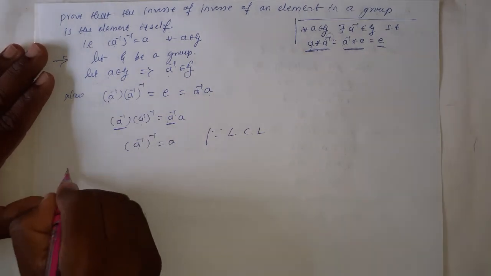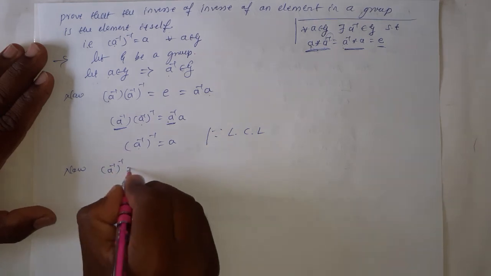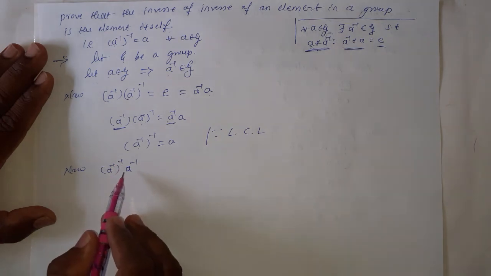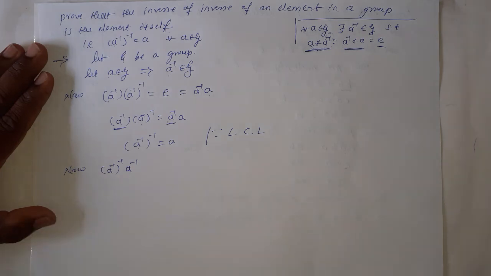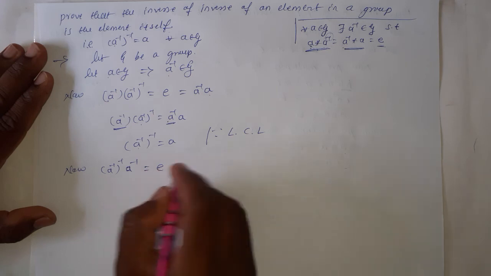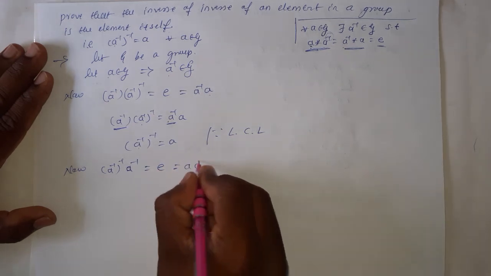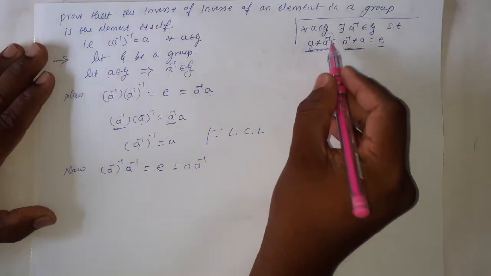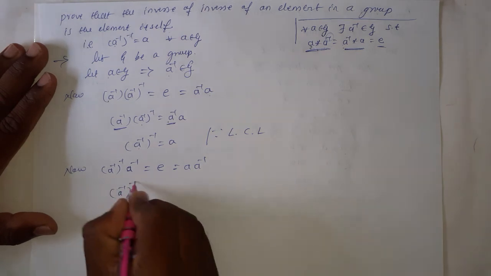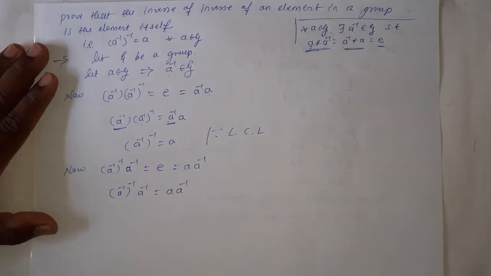So therefore now A inverse whole inverse into A inverse. Here we are considering this element on the left side of A inverse. E is equal to the identity element E, and this is nothing but A into A inverse, because A star A inverse equal to E. Now this one is A inverse whole inverse into A inverse equal to A into A inverse.